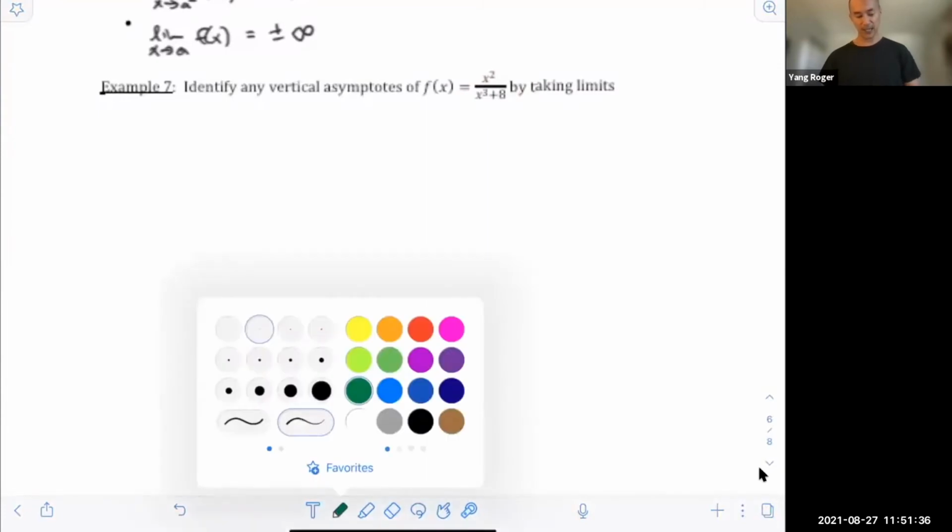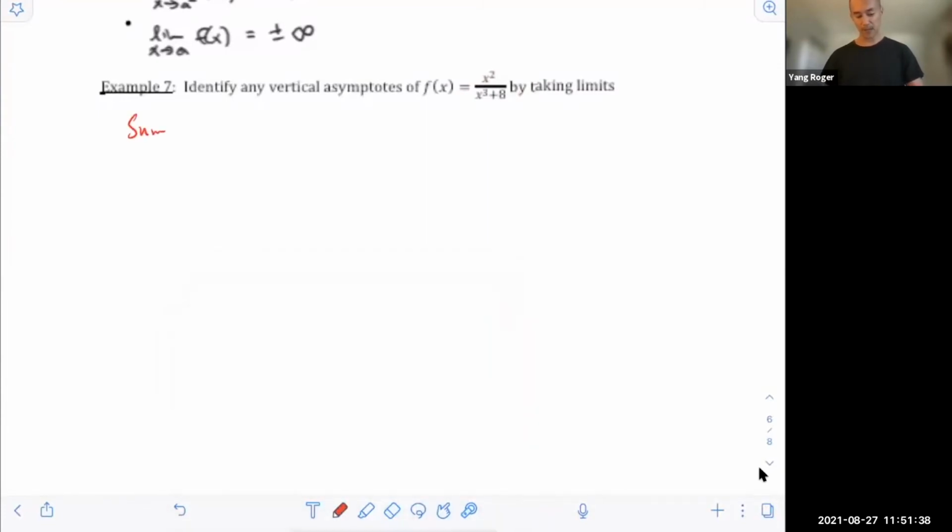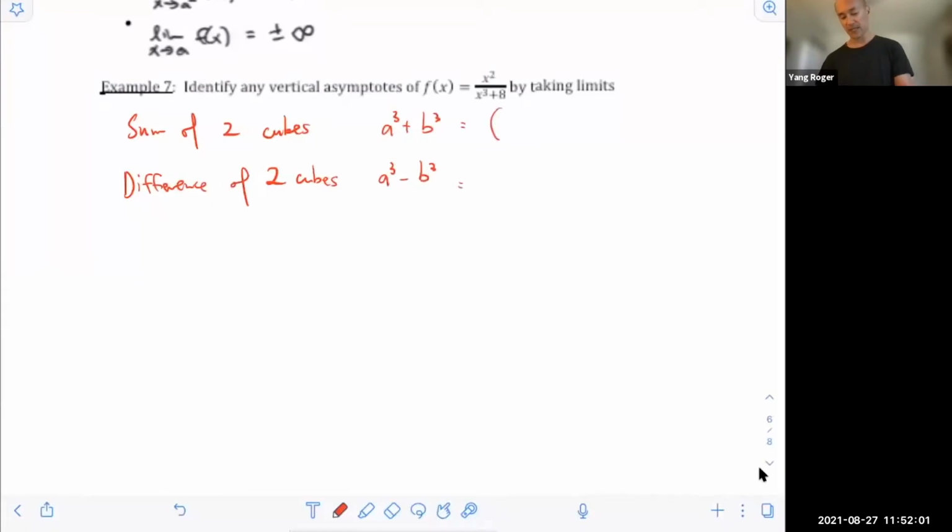This is called the sum of two cubes. There's also a difference of two cubes. So if you have a cubed plus b cubed, or if you have a cubed minus b cubed, these have certain factoring properties.